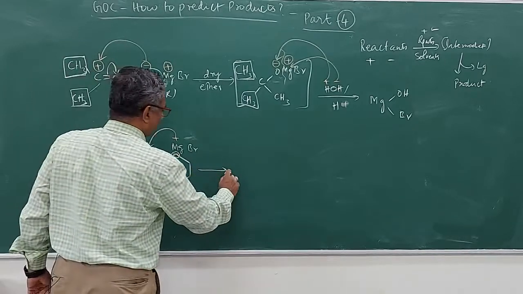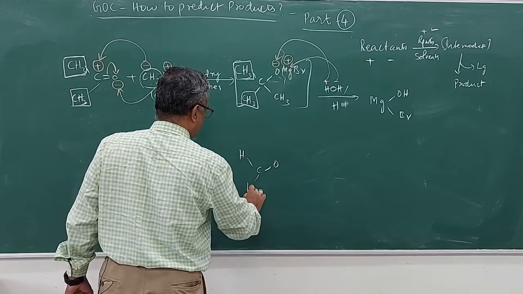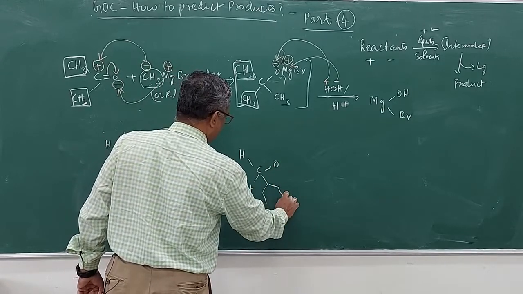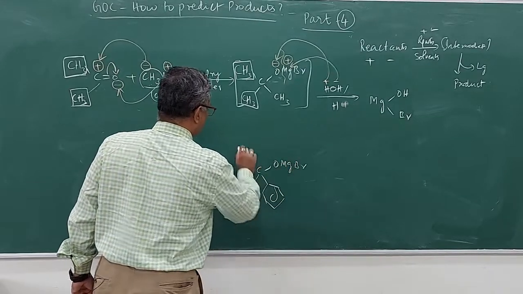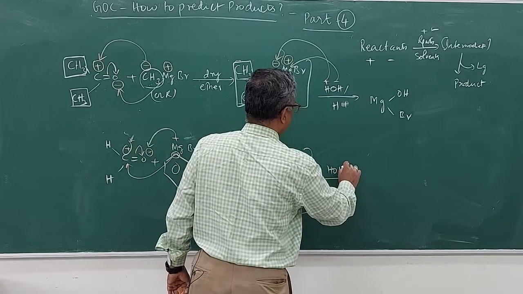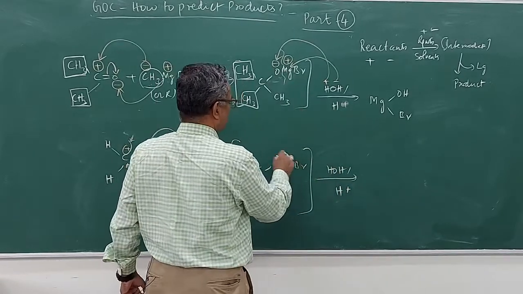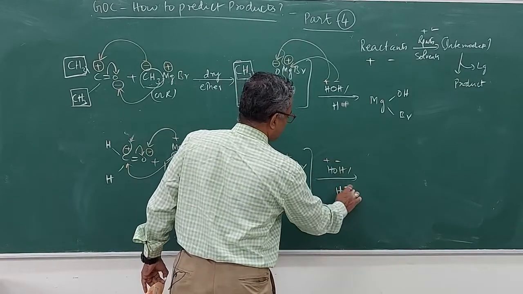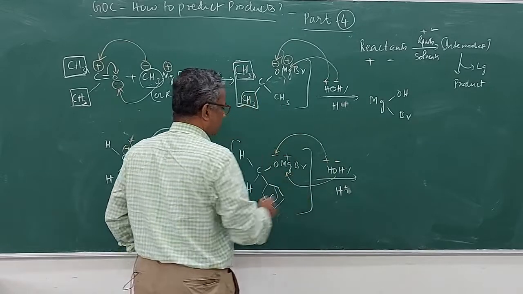So this intermediate will be HCO, and then here you will have H. Here you will have the phenyl ring, and then here you will have the MgBr. This will be the intermediate. In the second step, if you add water in the presence of dilute acid, you will have plus minus, plus minus. This plus will come and attach to this, and this minus will come and attach to this.